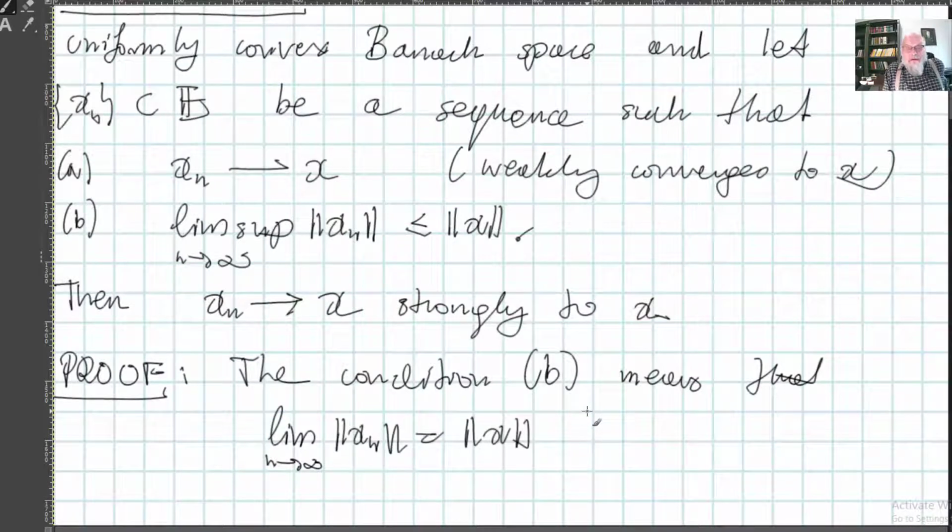So this statement simply tells you that if you have a weakly convergent sequence such that the norms of the sequence converge to the norm of the limit, then in a uniformly convex Banach space it will mean that the sequence itself is strongly convergent. So how to prove it?